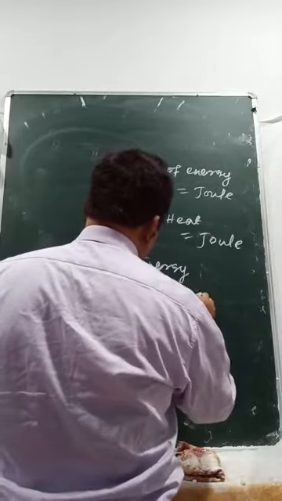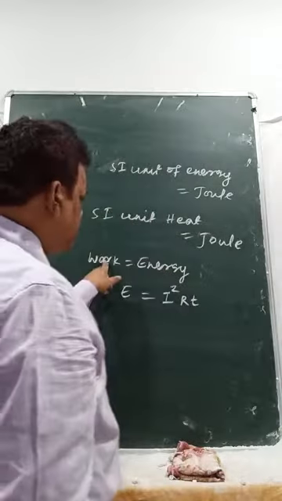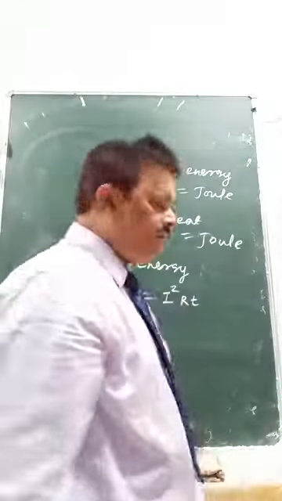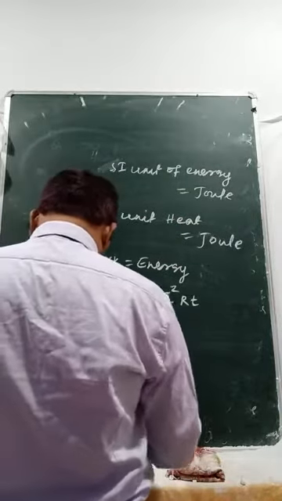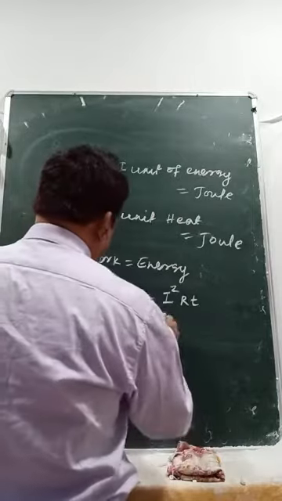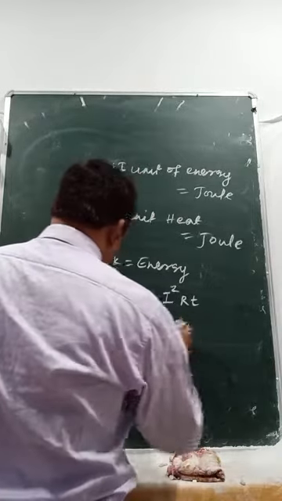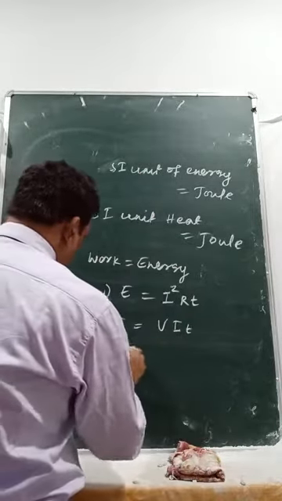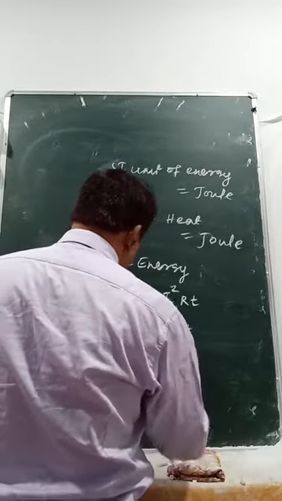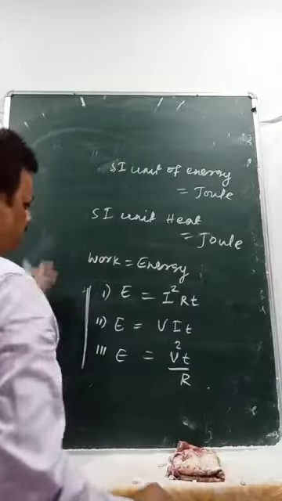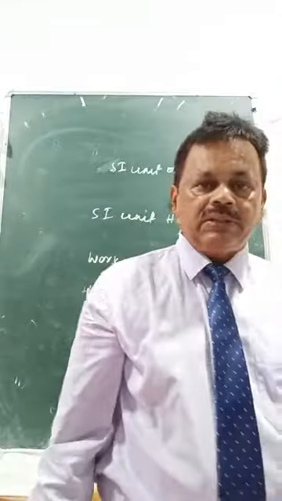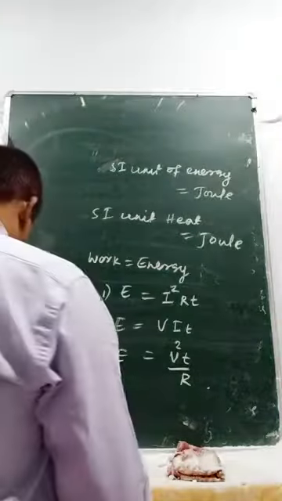The same thing you did for work, the energy formula will be the same. Also, energy equals VIT. Also, energy equals V square T by R. These three formulas, what you have done, the same thing we are going to use here. So let's see a question on this.